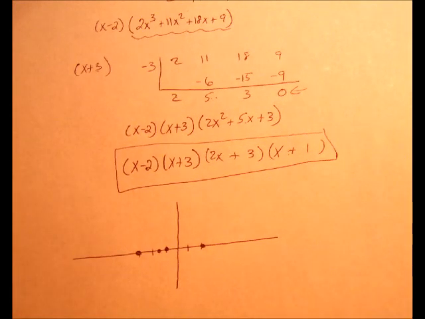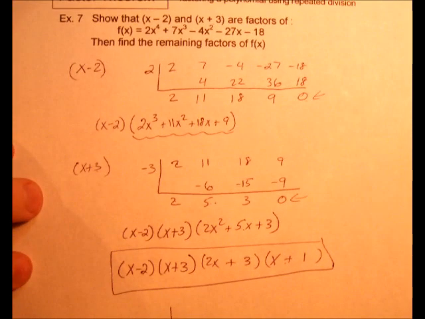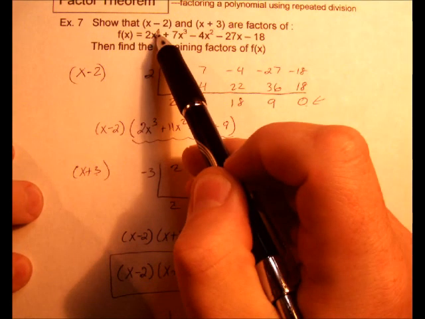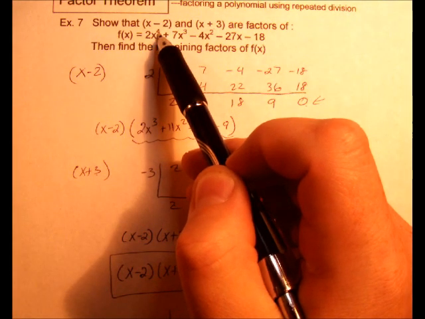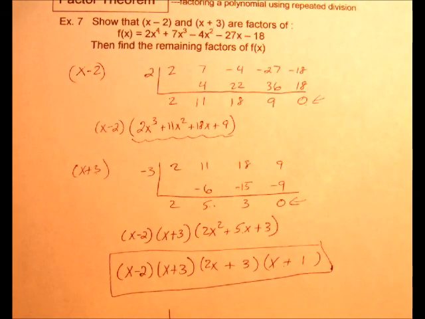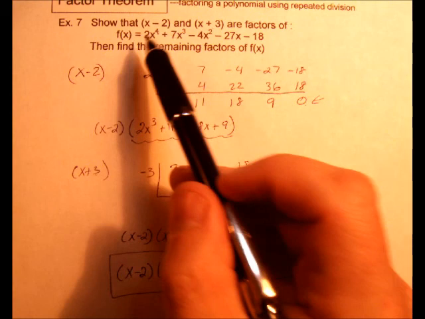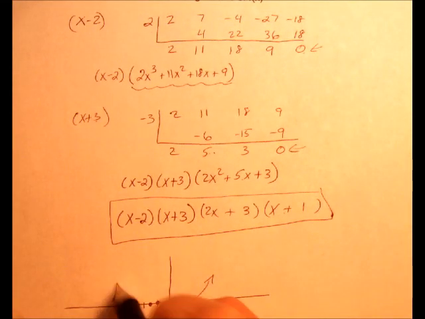Now again, reviewing what we did in section 2.2 with the graphing of these things, you know that it is an even power. So the end behaviors are both going to be going the same direction, and it's a positive, so they're both going to be going up. Something like this, right?